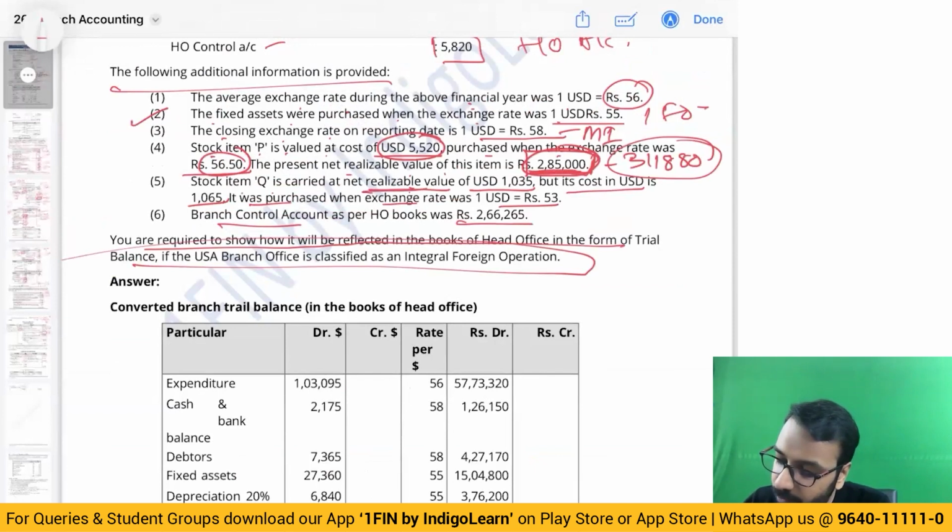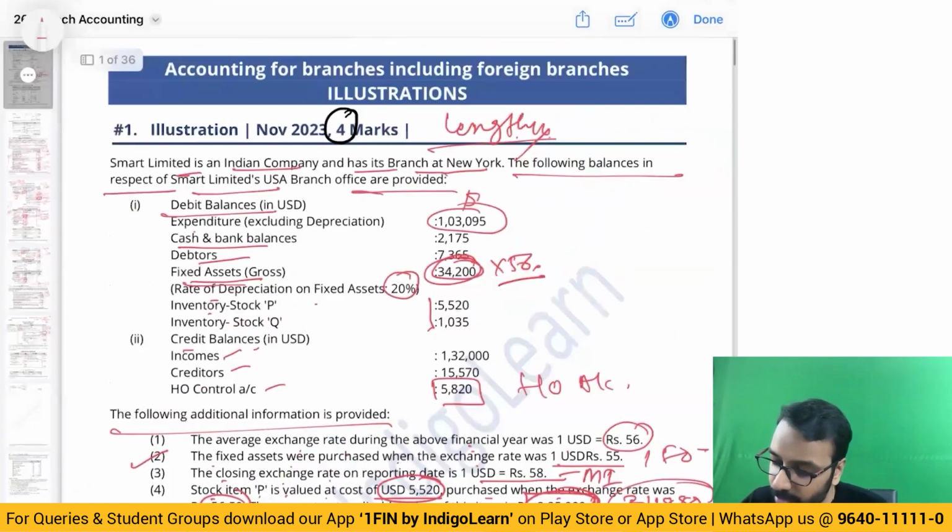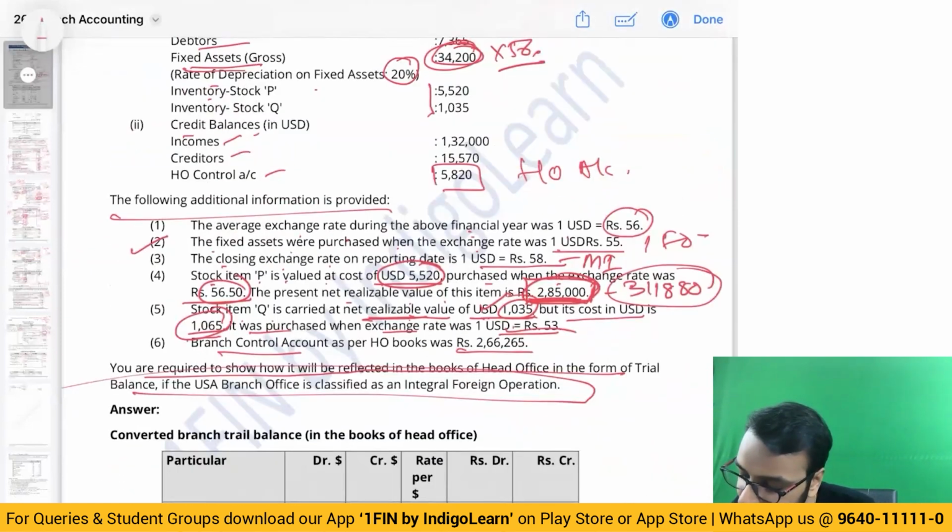Q was carried at NRV of 1035. Cost is 1065. NRV itself, they have said 1035, so NRV is lower. When did we calculate NRV? NRV on the balance sheet date. Purchase rate is 53, but closing rate is 58.